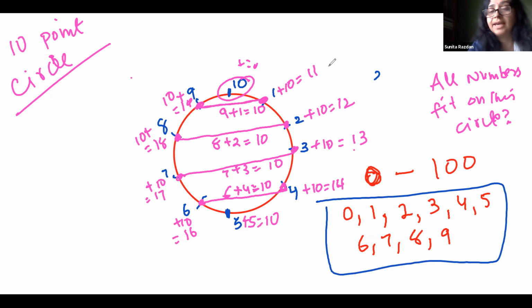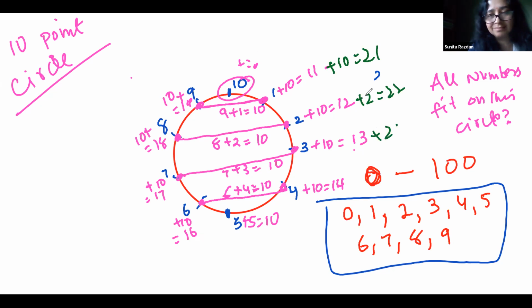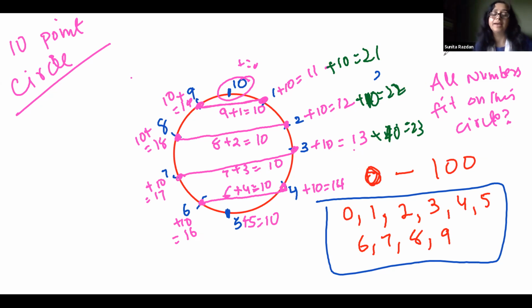Then again here we will say, 11 plus 10 is 21, right? Plus 2 is 22, plus 3 is 23, you have to add 10 because it's a 10-point circle, and so on and so forth. So all numbers fit on the circles. This is the basis. This is called the 10-point circle.